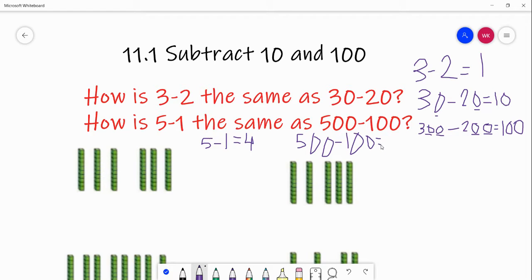So we're going to put that 4 down, and then you just need to add those zeros and add those place values. So 500 minus 100 equals 400. So you just have those same place values as you do with your add-ins for your sum. All right, so that's what we're going to be working with today, subtracting tens and then also subtracting hundreds.